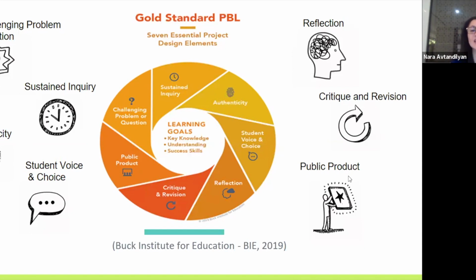Following the research, they identified 7 elements of PBL, focused on project design. Collectively, these elements are called gold standard PBL. These essential project design elements outline what is necessary for a successful project that maximizes student learning and engagement.